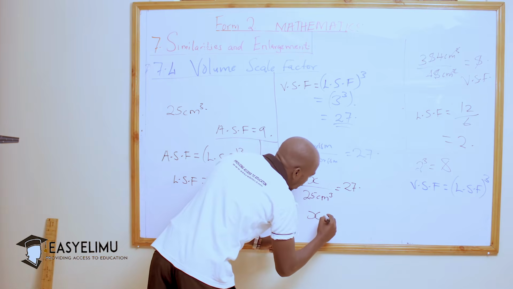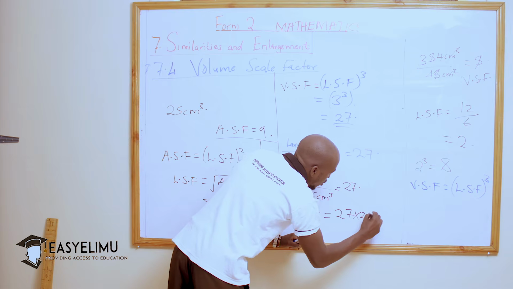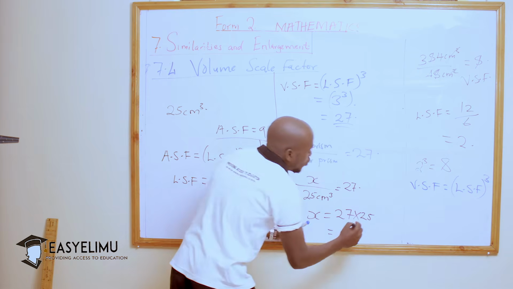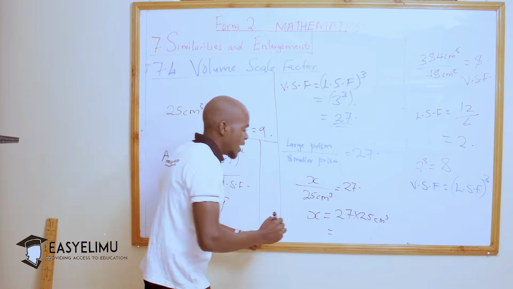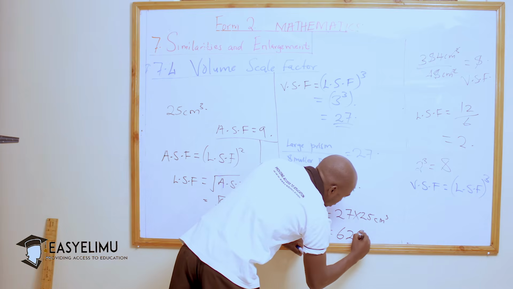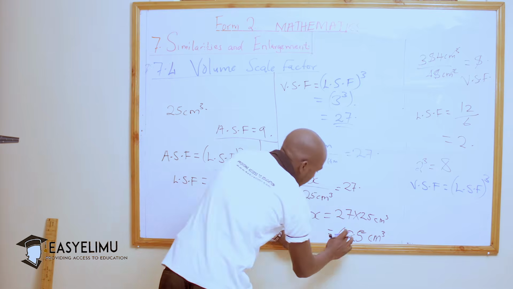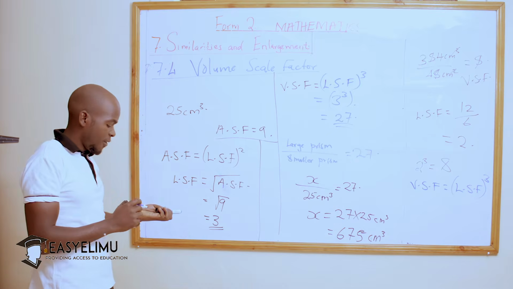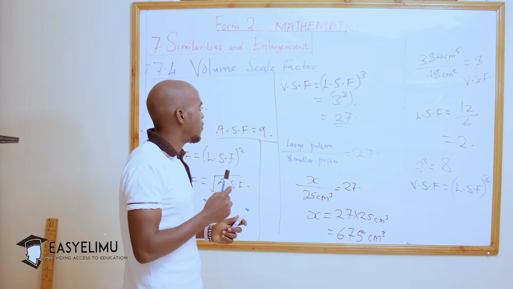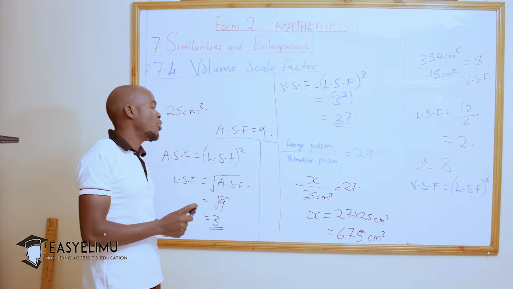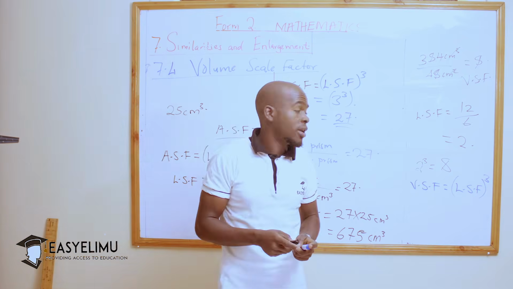To obtain X, you can just cross multiply, and X will be equal to 27 multiplied by 25 cubic centimeters, and this is going to give you 675 cubic centimeters. So that is the volume we find if we cube the linear scale factor.